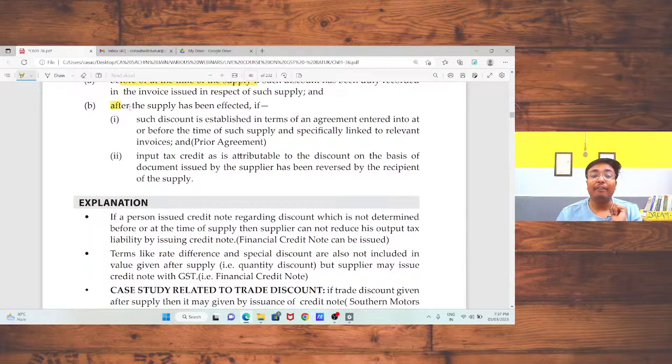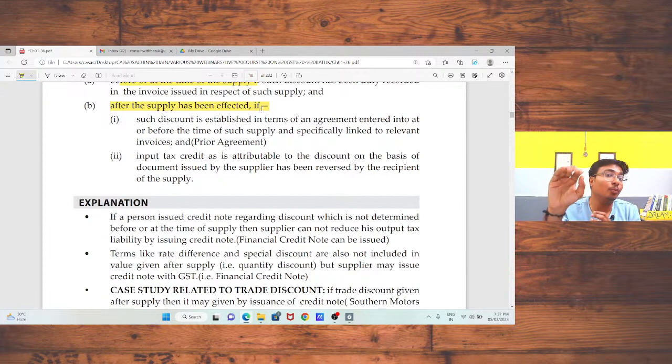But after the supply, your supplier may provide a discount due to a prior term. That is, I make an agreement with my recipient that if you buy 10,000 units of a particular product, I will provide you a discount of 5% within 6 months. After supply, my recipient has purchased 10,000 units within those 6 months.